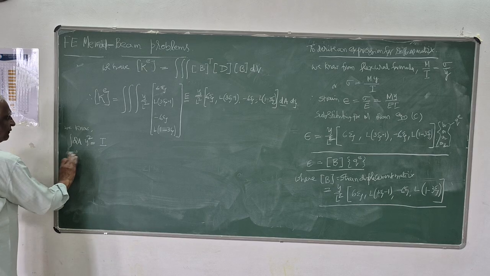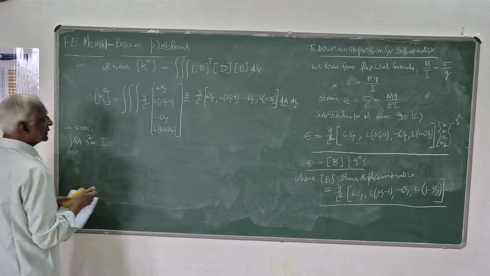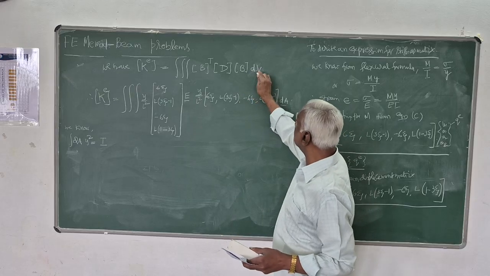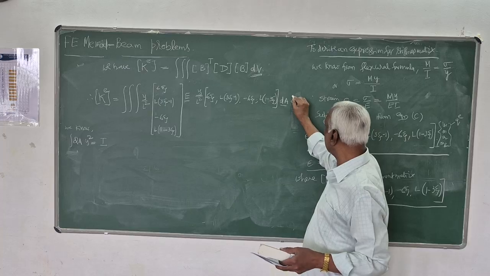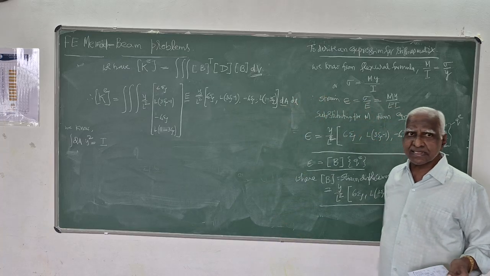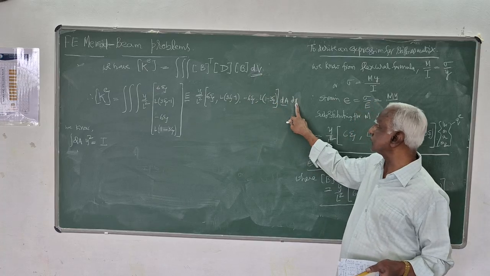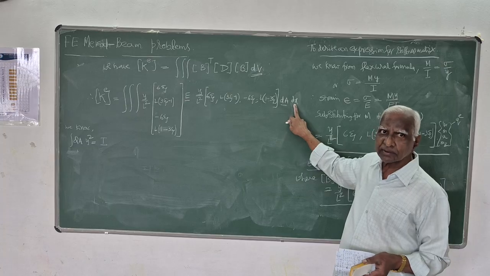This first time substitute, and of course this is because we are multiplying by dV. This is in global coordinates, so this is dA into dx. Because dV is in global coordinates, so this has to be dx, and this we have to take in terms of dξ.